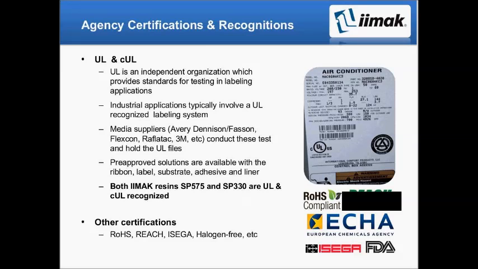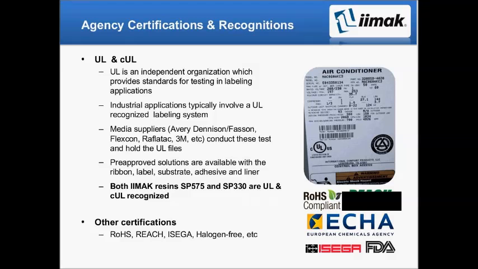RoHS, or the Restriction of Hazardous Substances Directive, regulates the use of dangerous heavy metals and has become a widely accepted standard. The REACH directive comes from the European Chemicals Agency, who regularly updates a list of substances of very high concern.